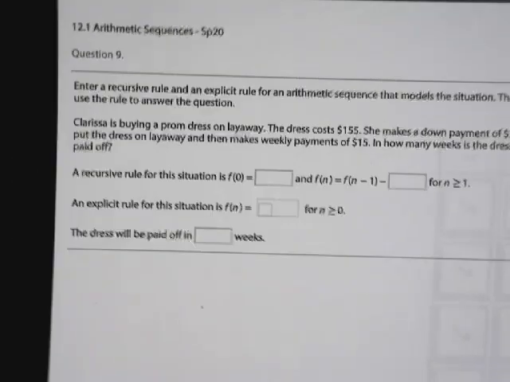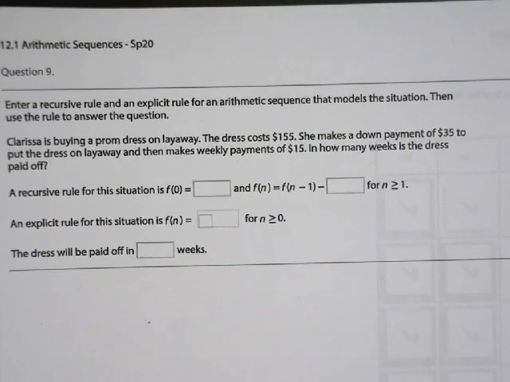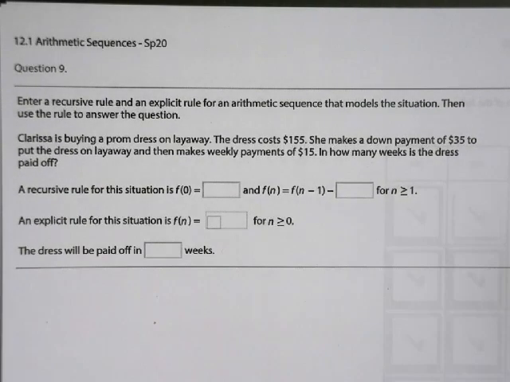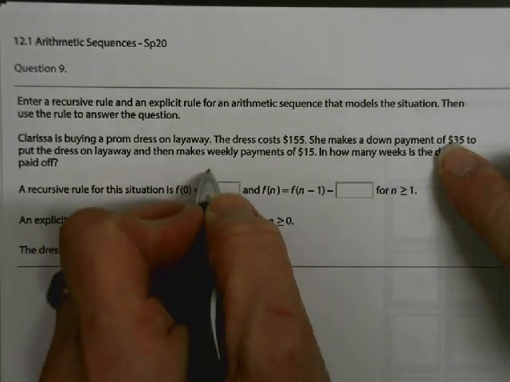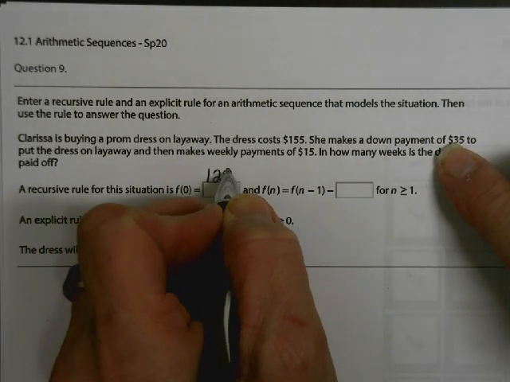Okay, number 9. We are buying a prom dress. This one's tricky because the dress cost $155, but she made a down payment. So her bill isn't $155. It's $155 minus 35. So my bill starts at $120.